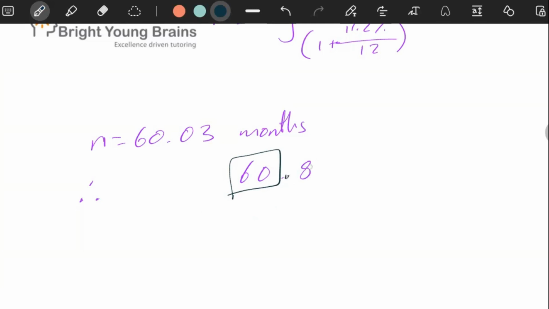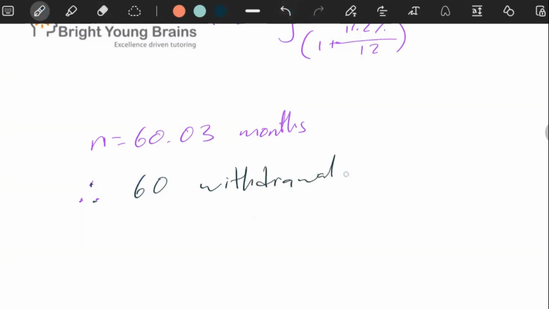The 0.8 is saying that one last withdrawal will be less than 20,000. So with that being said, you want to make sure that as a conclusion right here, you can say therefore 60 withdrawals of 20,000 can be made. There we go.